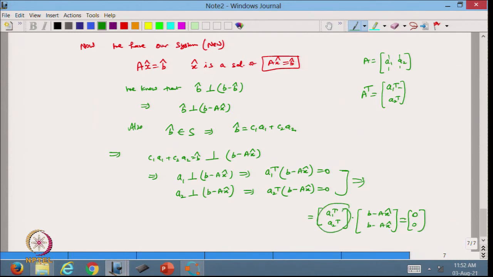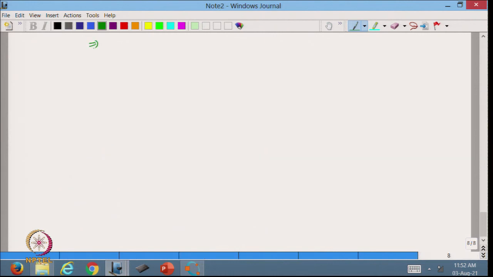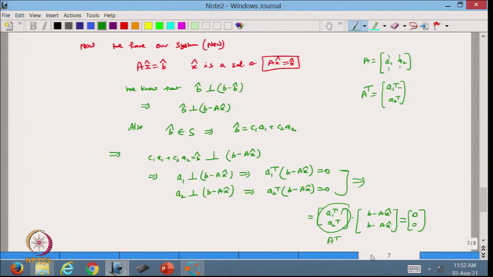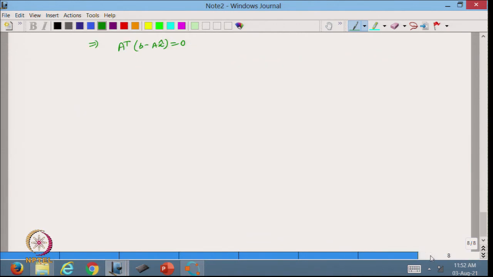So this gives A transpose (b minus A x hat) equal to 0. In the matrix form, that gives A transpose b minus A transpose A x hat equal to 0, and from here I get that A transpose A x hat is equal to A transpose b.